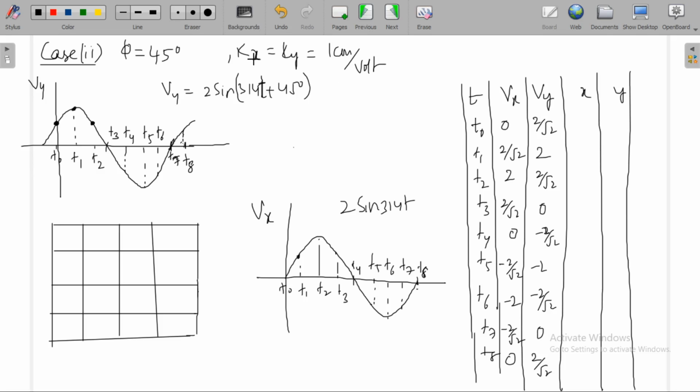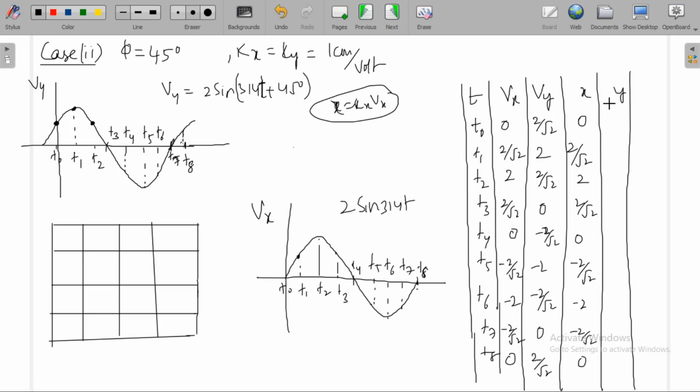Anyhow, x is equal to kx into Vx, then it will be equal to 0. As kx is equal to 1, x will be equal to Vx: 0, 2 by root 2, 2, 2 by root 2, 0, minus 2 by root 2, minus 2, minus 2 by root 2, 0.